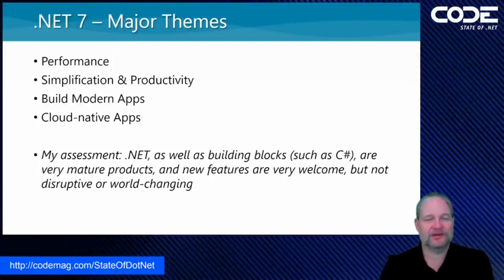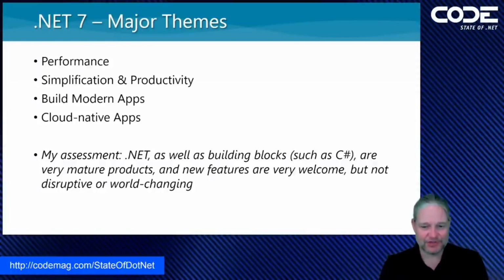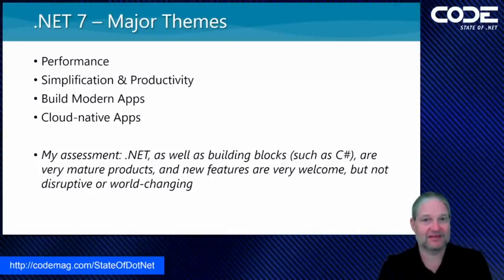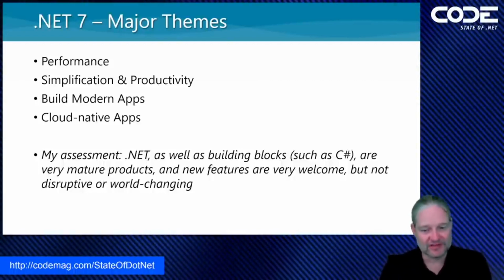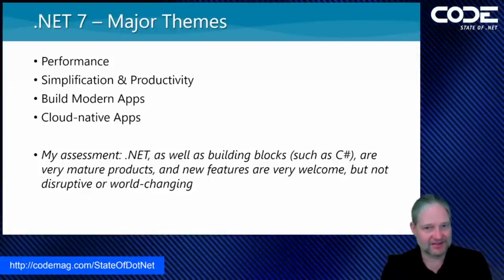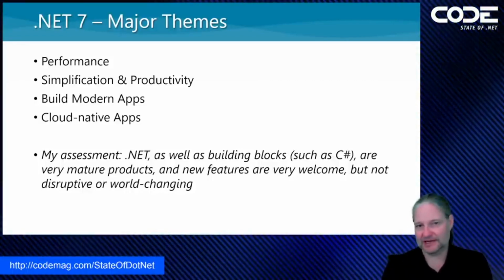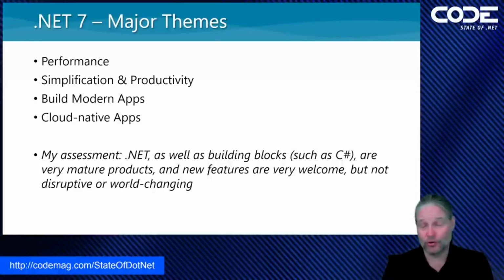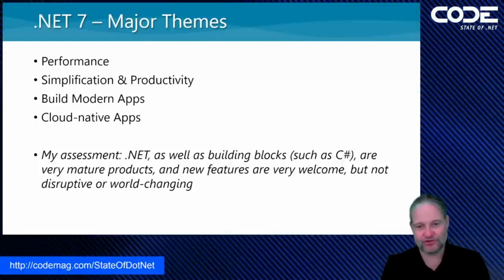Now, if you wanted me to sum this up in one sentence, I would say we have a mature system. The building blocks have all been there. The major things have all been there. It's just been about making things better, smoother, faster, easier. So nothing disruptive. I would not expect to have a problem with a .NET 5, a .NET 6 app, or even older apps, but especially that generation.